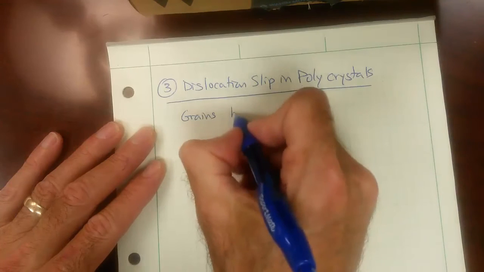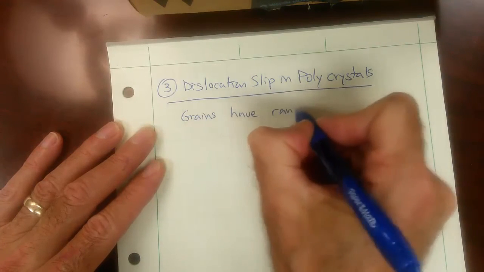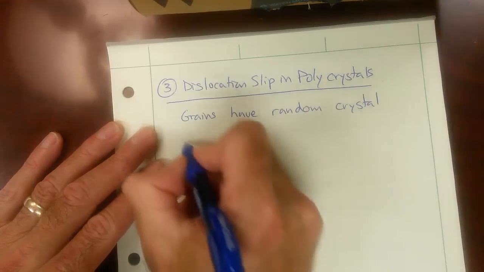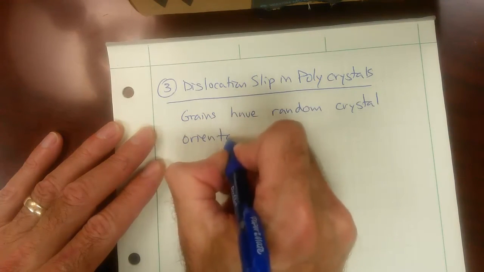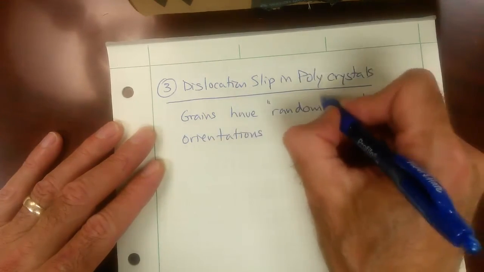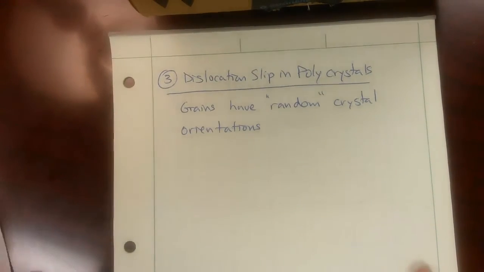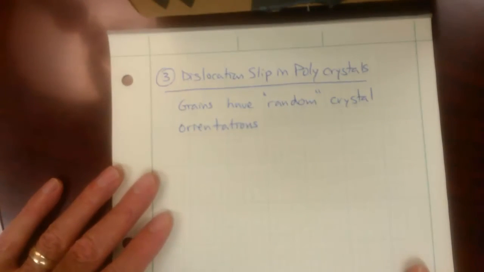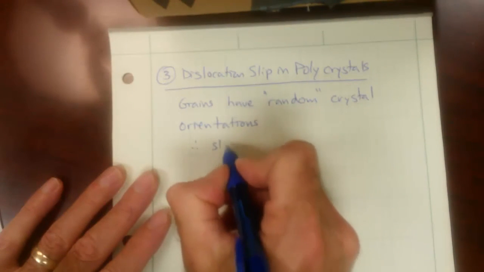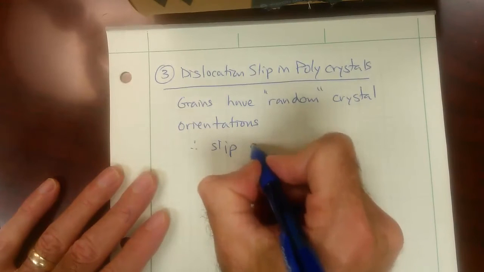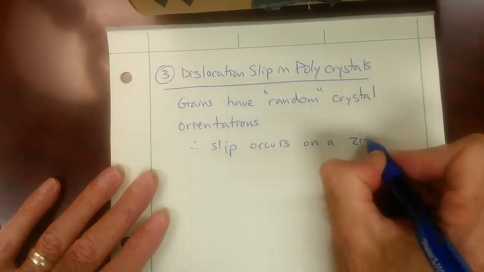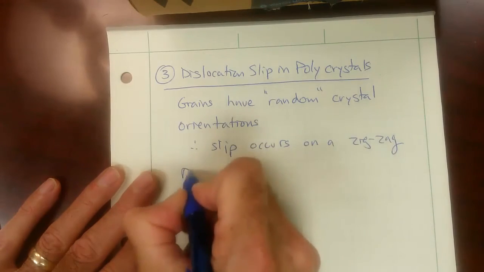So let's say that the grains have random crystal orientations. I'm going to put random in quotes because that is something that can be controlled by processing a little bit. Well, if that happens, then slip occurs on what I call a zigzag path.